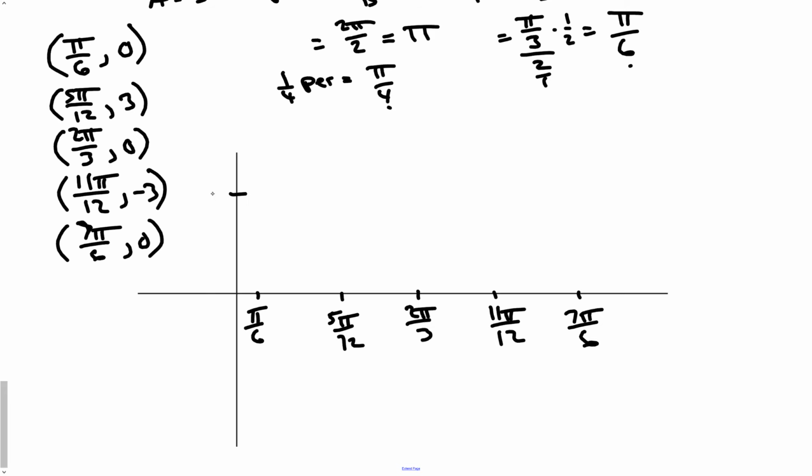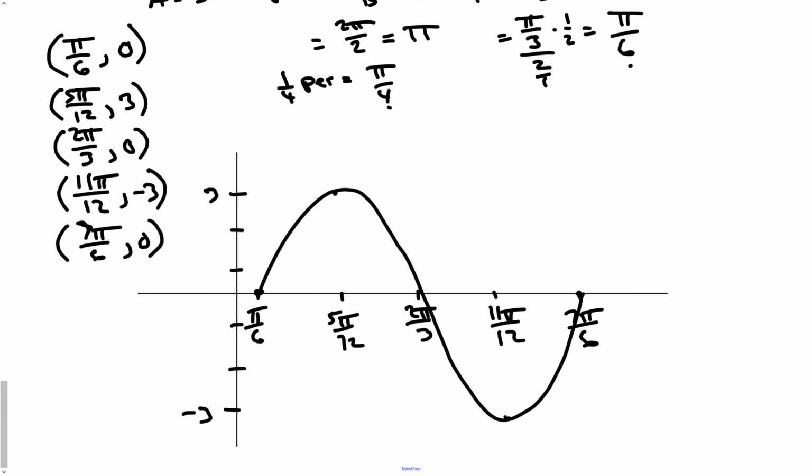And then we just need a 3 and a negative 3. We can split this up if you really want to, right? And so I go 0, 3, 0, negative 3, 0, giving me my graph of one cycle, something like that. Okay.